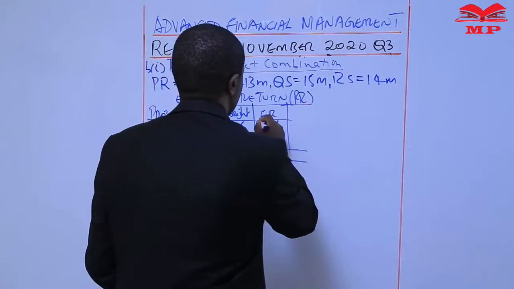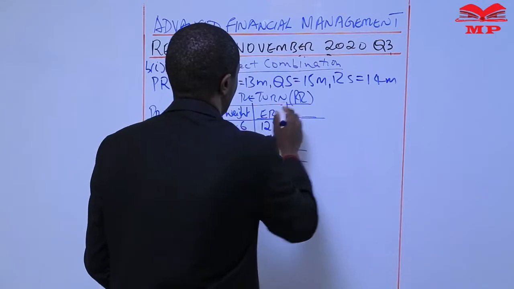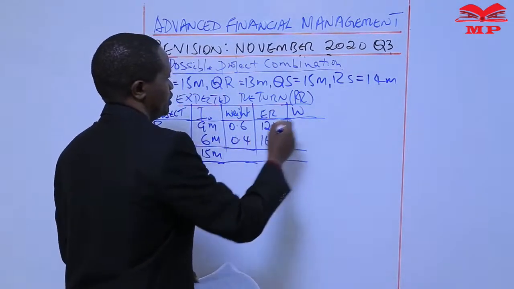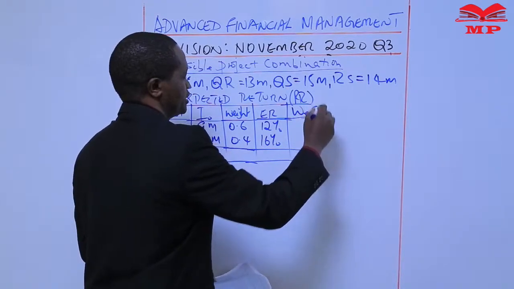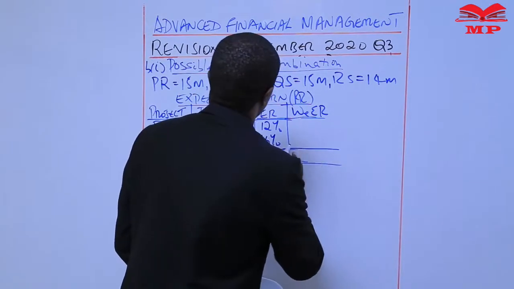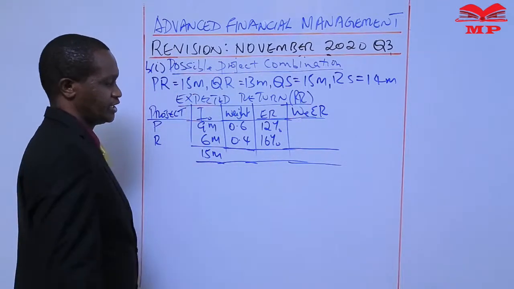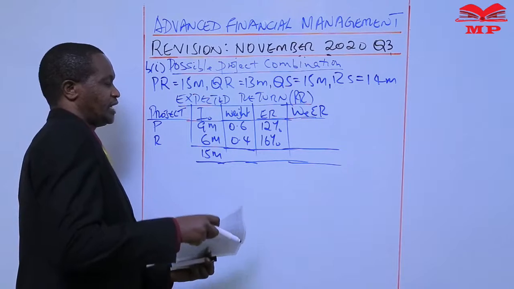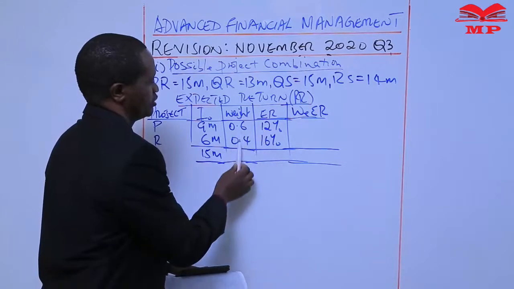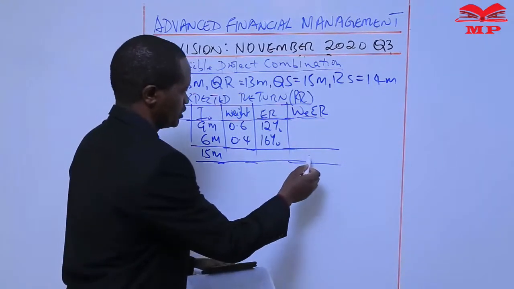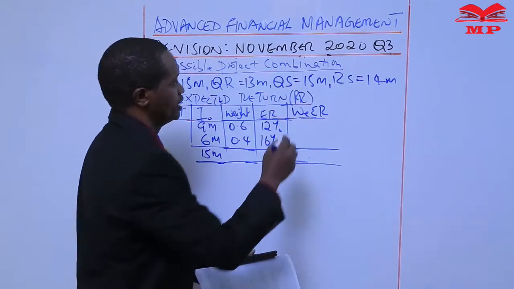Another column is where we multiply the weight by the expected return to get the expected return for project PR. We multiply and then add: 0.6 times 12% plus 0.4 times 16%. We get the total there. That will be the answer for the expected return for combination PR.